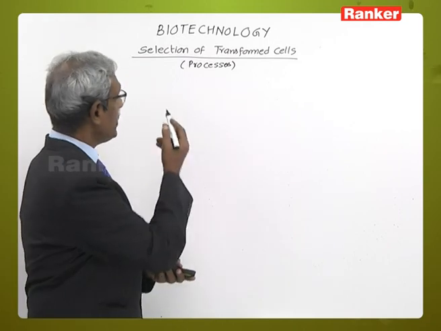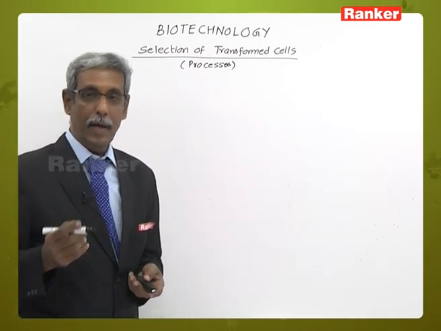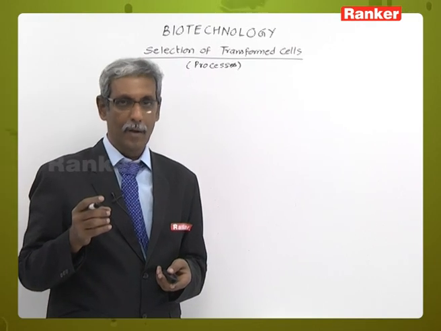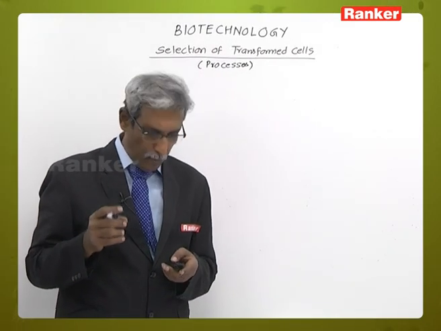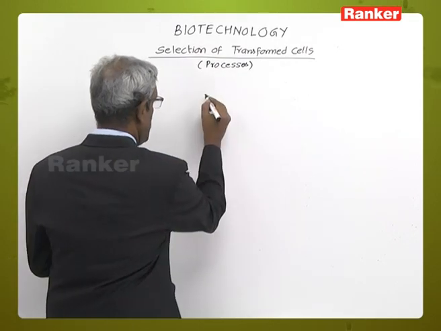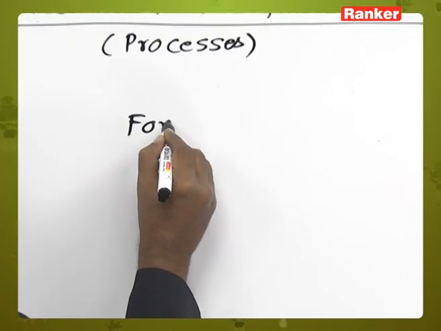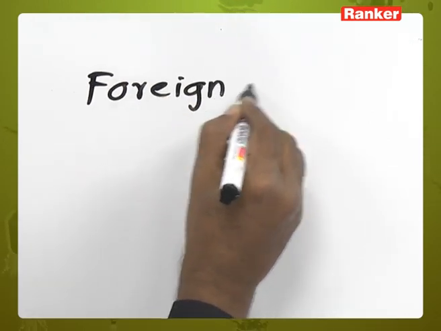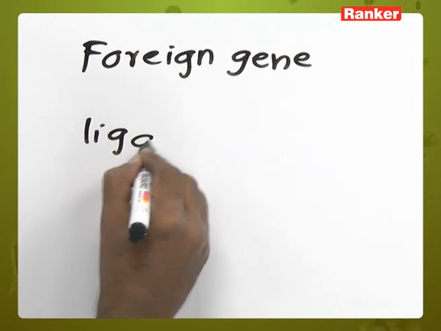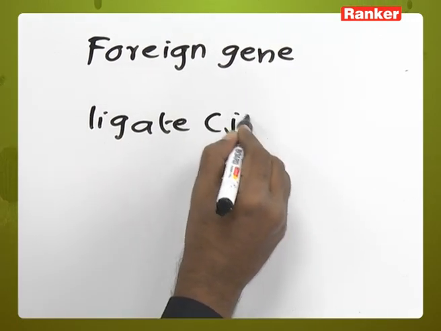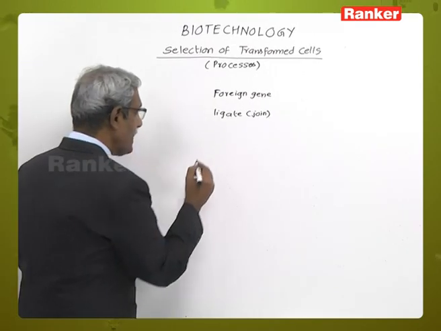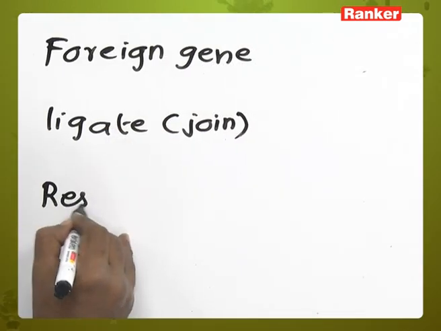Continuing on selection of transformed cells. Now, exactly where does the foreign DNA, or the foreign gene, ligate? Whenever you have a foreign gene of interest, it can ligate. When you say ligate, it means it can join at a restriction site.